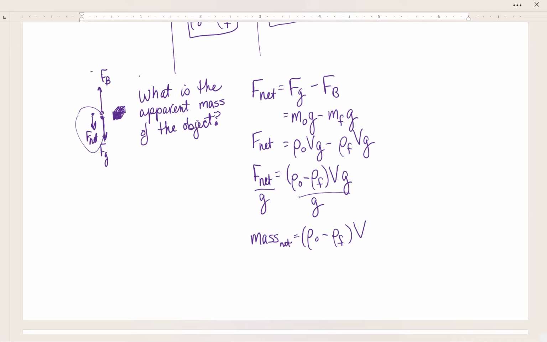Well, this is actually kind of useful because I don't always know some certain things. If I want to know the density of an object, some objects are not easy to measure their density because you need their volume and you need their mass. Yeah, it's kind of crazy. So this is actually not a bad way to do things.